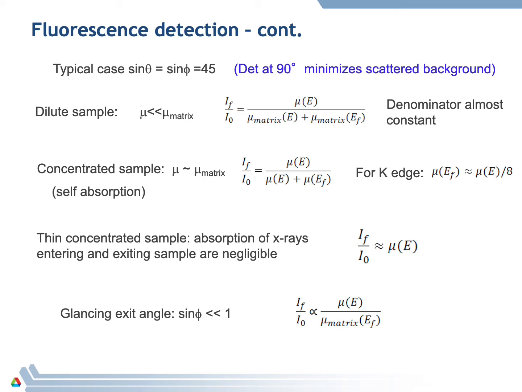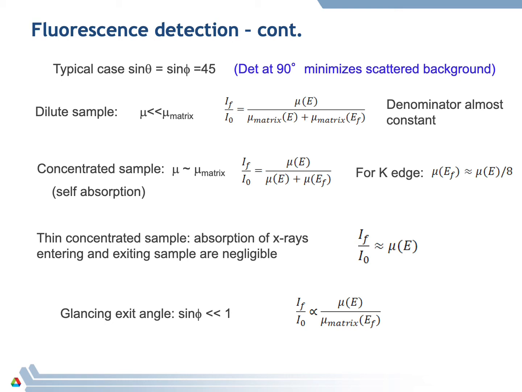If we have a dilute sample, so now mu is very much less than the matrix absorption from the sample of interest, then we can approximate this total absorption by just the mu of the matrix. So now the fluorescence over I0 is directly proportional to the absorption that we're trying to measure.